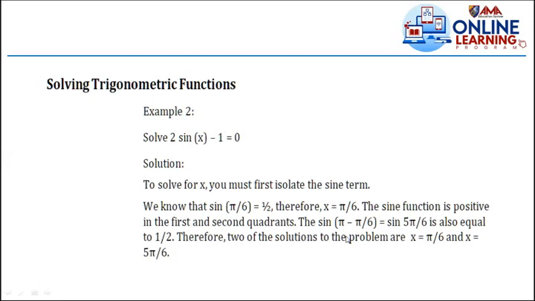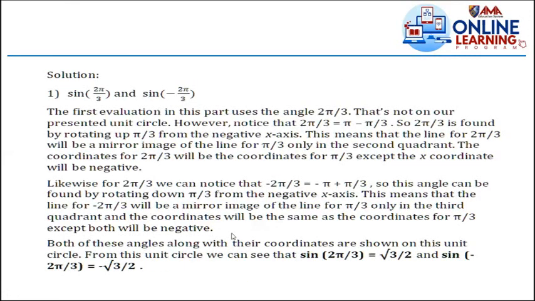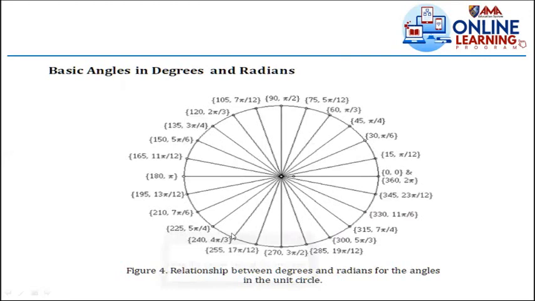Therefore, the two solutions to the problem are x is equal to pi all over 6 and x is equal to 5 pi all over 6. So, titingnan po natin sa drawing po natin kung nandito siya. We have pi all over 6. Tapos, sa second quadrant, yung mirror angle niya, we have also 5 pi all over 6. That is the mirror angle. And the answer is the same as 0.5.